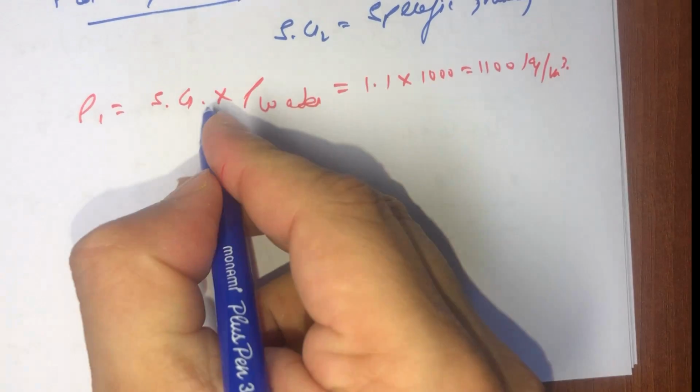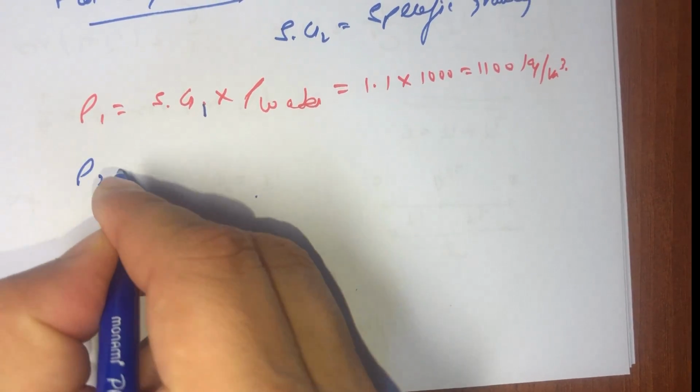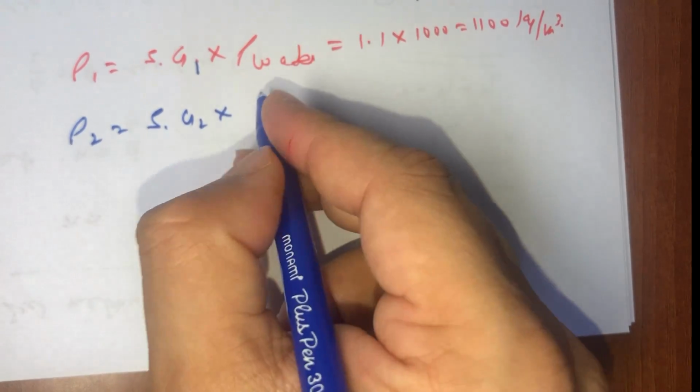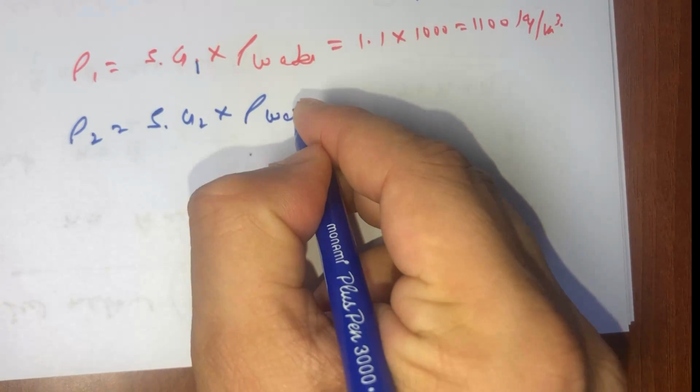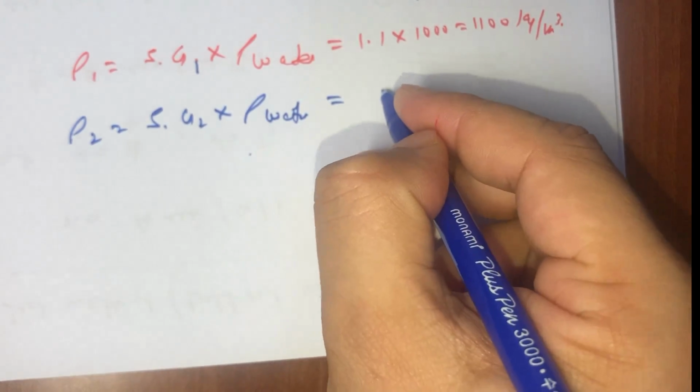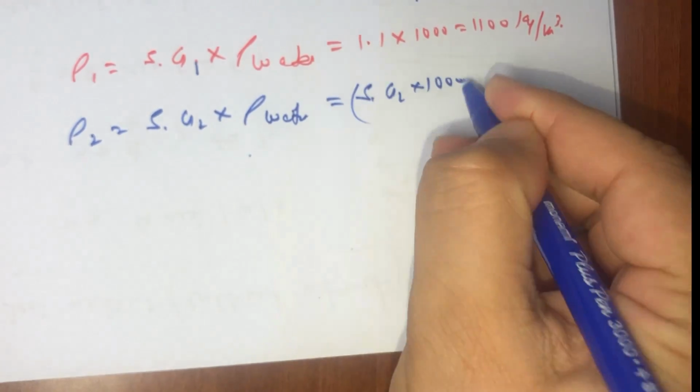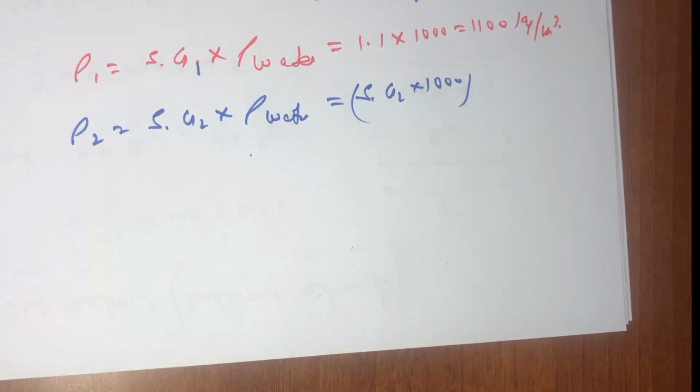Similarly, we can find rho 2 is equal to SG2 multiplied by rho of water, and this gives us SG2 multiplied by 1000. SG2 we are supposed to find out.